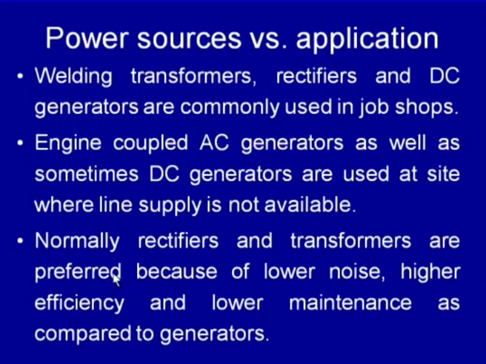Transformers and rectifiers are preferred over the generators, because generators are noisy, their efficiency is poor and they require a lot of maintenance, while rectifiers and transformers do not cause much noise, the efficiency is higher and the maintenance requirement is also less. That is why rectifiers and transformers are preferred over the generators due to these benefits.